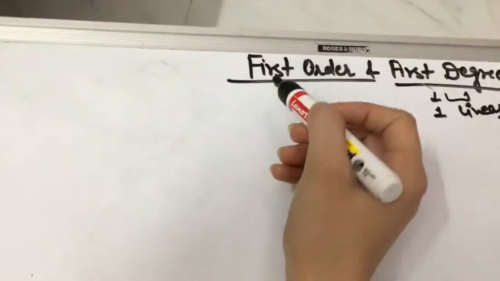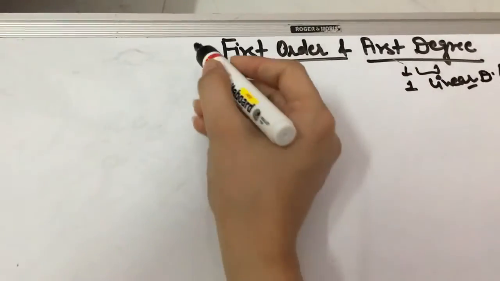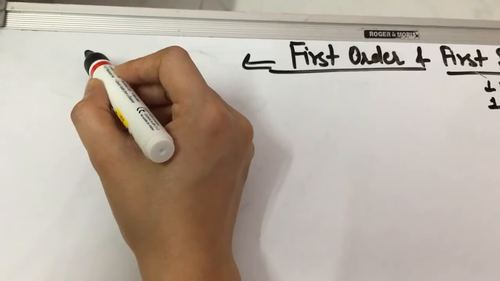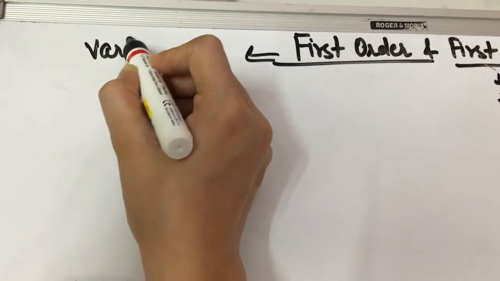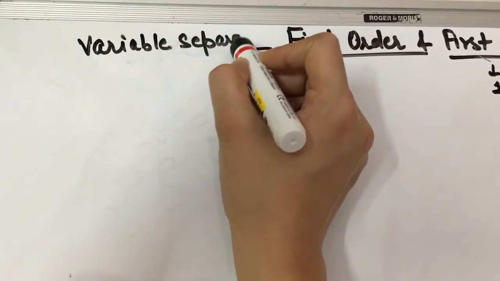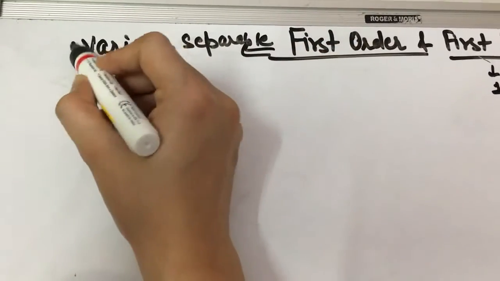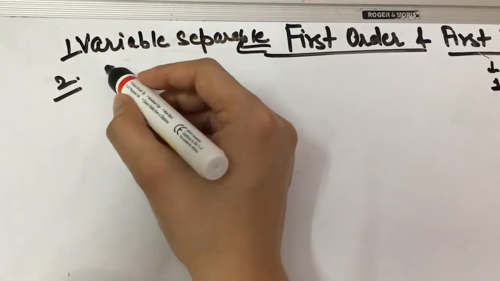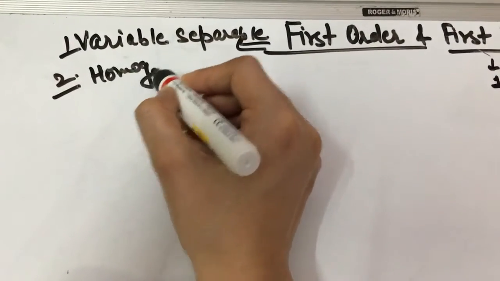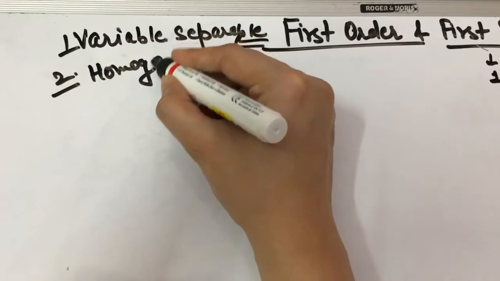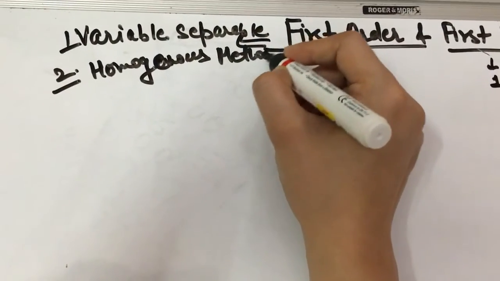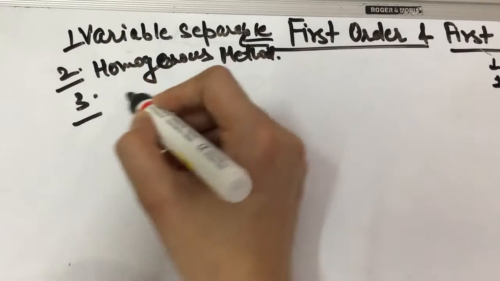To solve this first order and first degree differential equation, we have 4 methods. First is variable separable. Second is the homogeneous method, or homogeneous equation, we can also say.